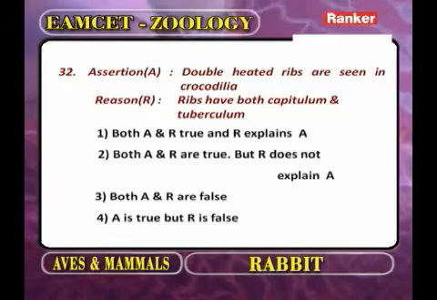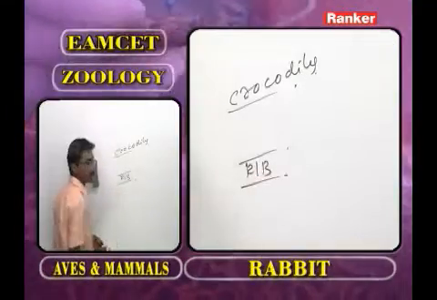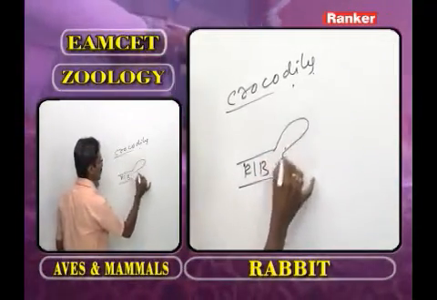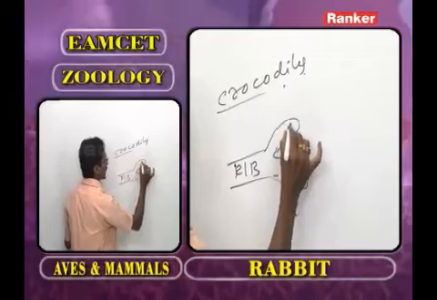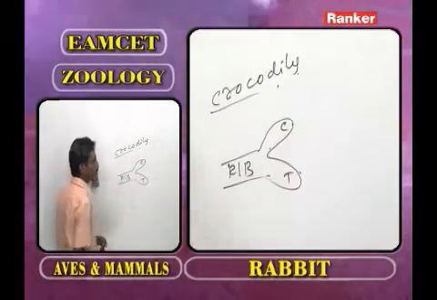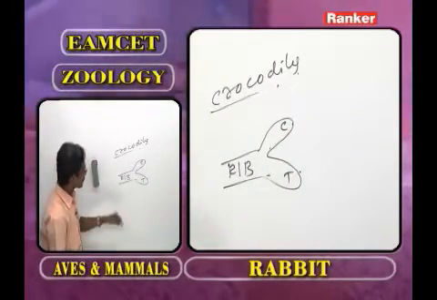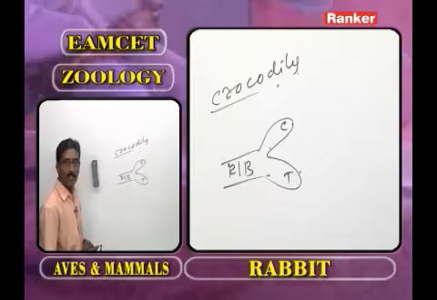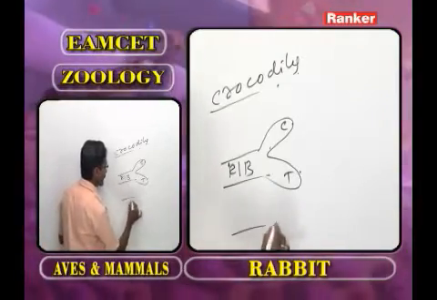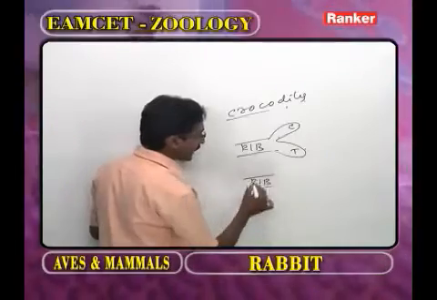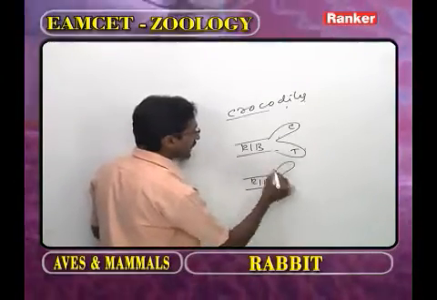One we call capitulum, one we call tuberculum. But in remaining reptiles, the rib may have either capitulum or the tuberculum.